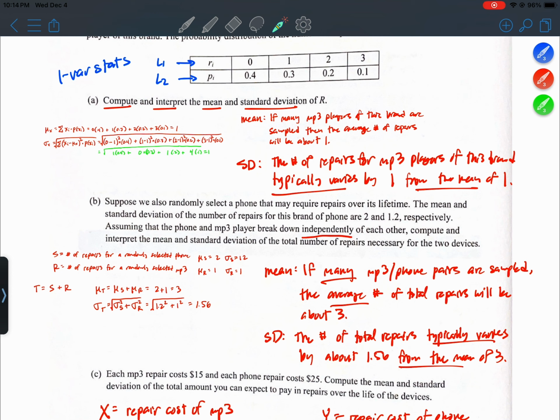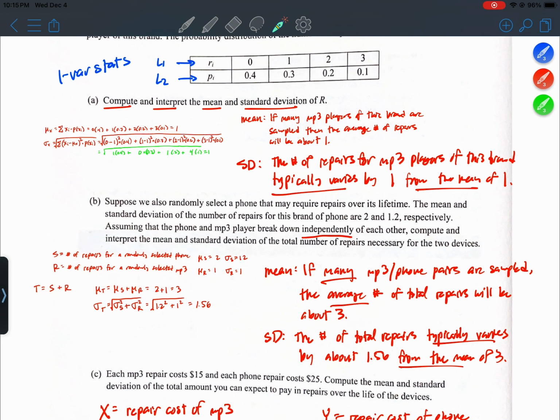Probably should have used P for phone. But anyways, S was the number of repairs for a random phone. R was the number of repairs for a random MP3 player. T was the total number of repairs if somebody owned both devices.